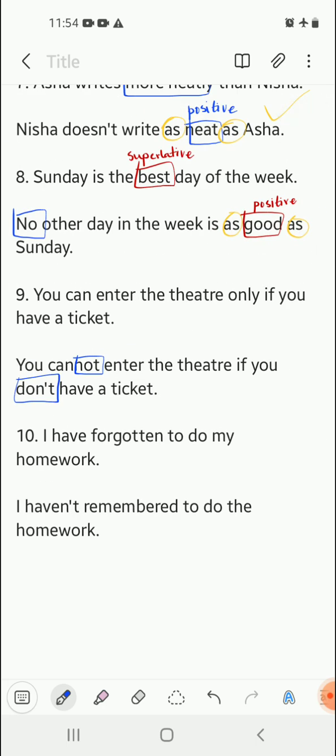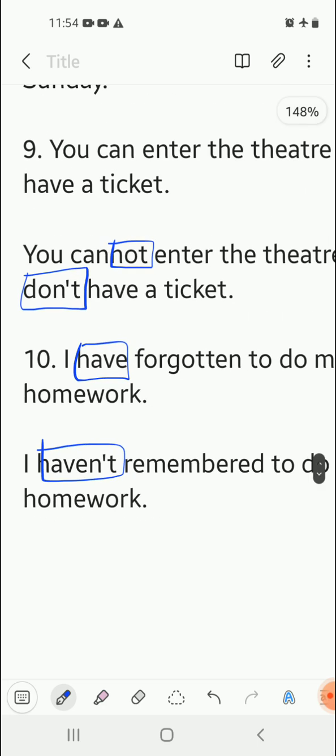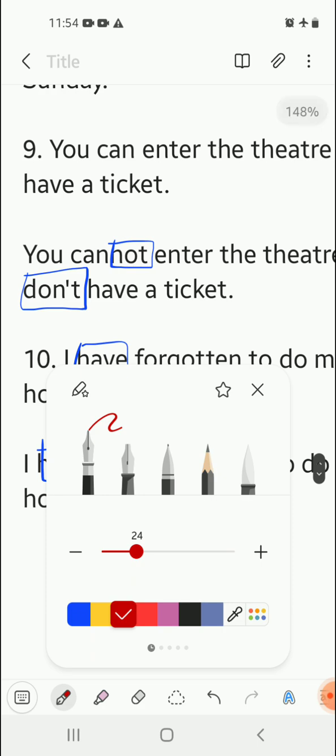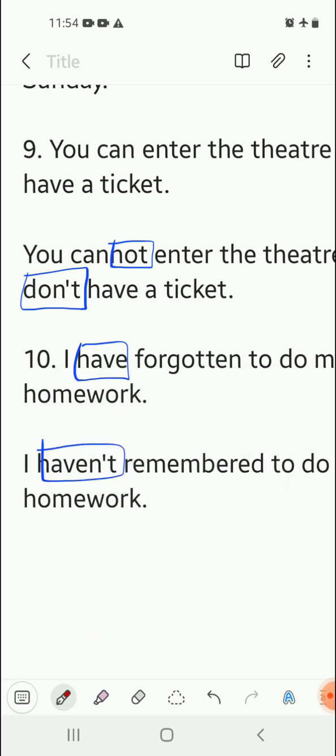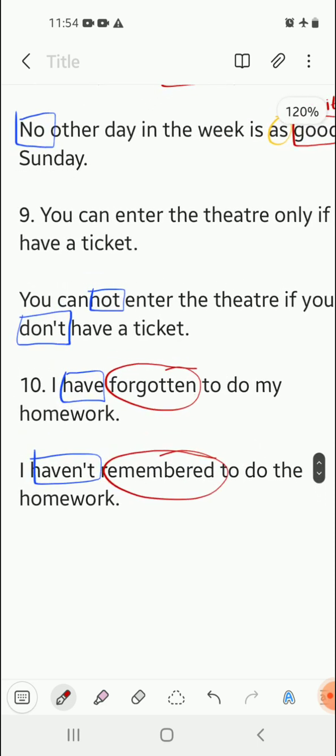Moving on, number 10. I have forgotten to do my homework. In order to make it negative, in the case of have, we have to use haven't, have not. And then we have to use the opposite word for forgotten. So forgotten becomes remembered to do the homework. So my sentence is I haven't remembered to do the homework.